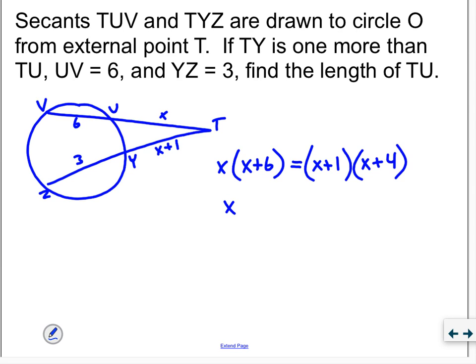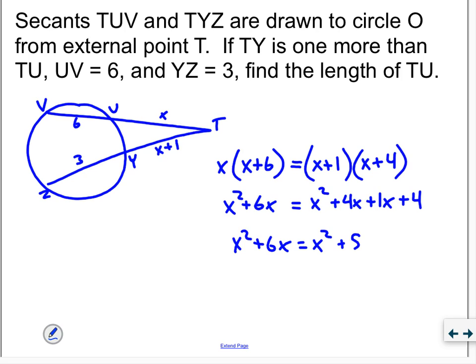If I distribute on the left, I get x squared plus 6x. Oh no, quadratic equations. And if I distribute on the right side, I get x squared plus 4x plus 1x plus 4. Oh, it's not that quadratic because I get x squared plus 6x equals x squared plus 5x plus 4. And look at those x squareds. They cancel out. Bing, bang, boom.